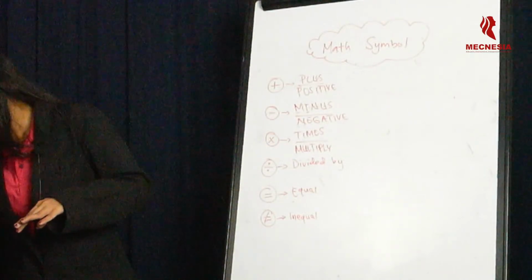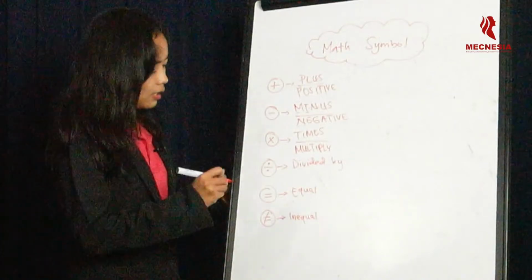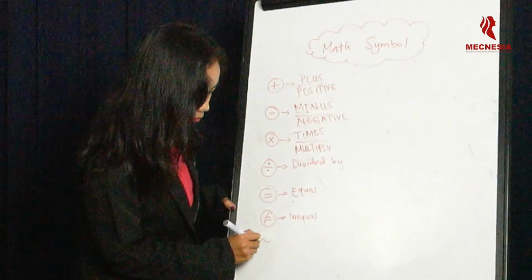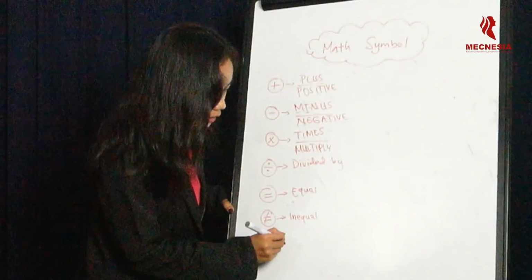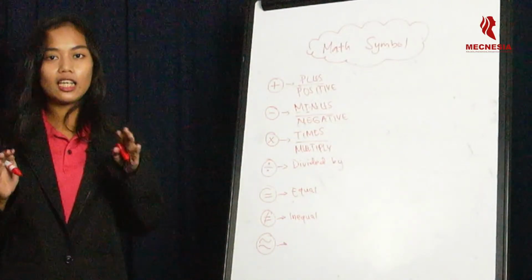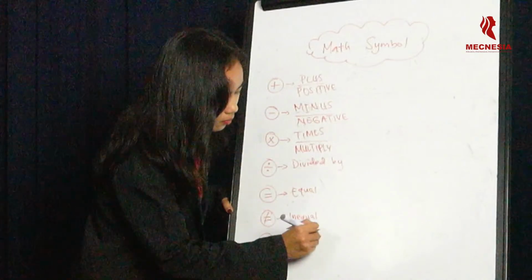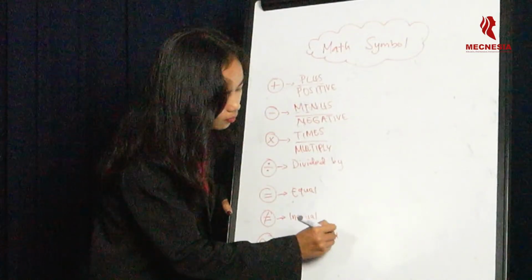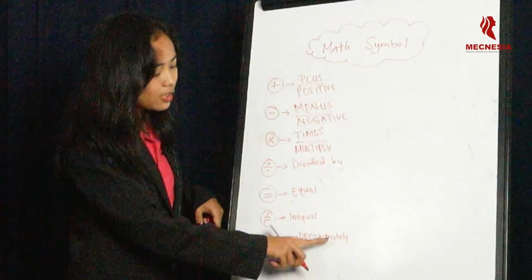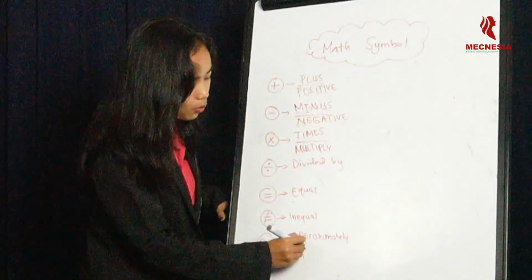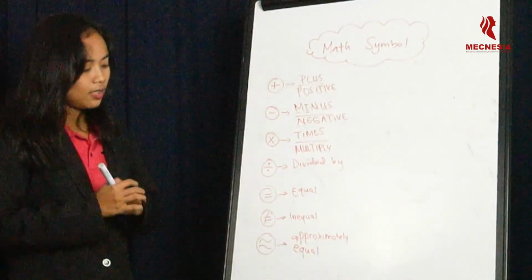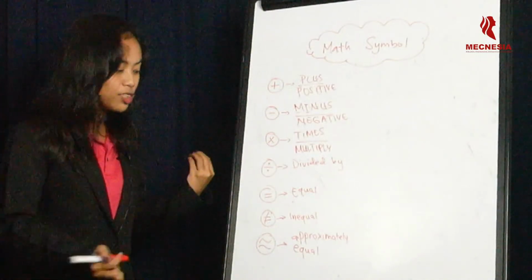The next one is seperti ombak dia. This one is approximately equal. Approximately equal. Okay, let's practice our pronunciation.